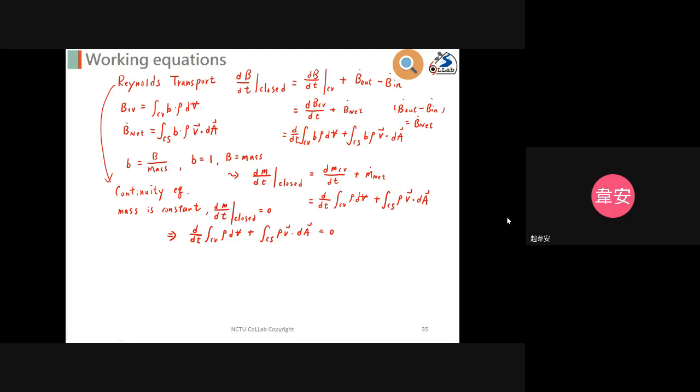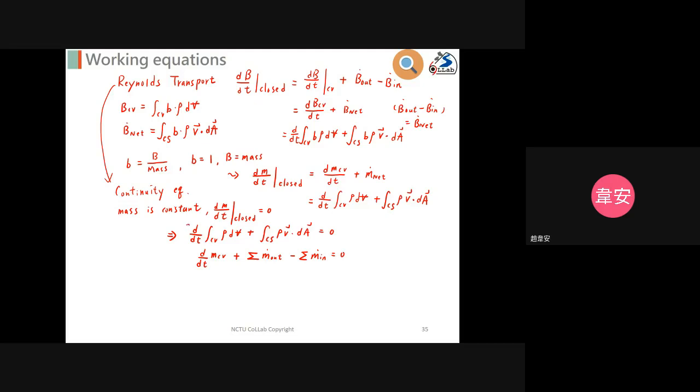And if we don't use the integration operator to represent the continuity equation, we can rewrite it as d m_CV/dt plus the sum of m rate out minus the sum of m rate in equals 0.